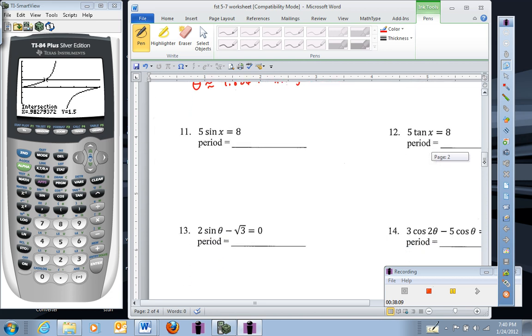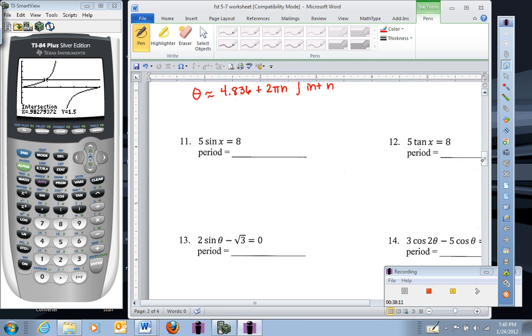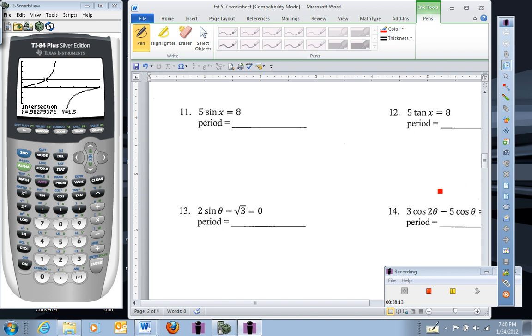Let's try number 11. We have 5 sine x is equal to 8. Let's think about what's going to happen with this for a minute. We're going to have the sine function with an amplitude of 5. So it's going to do something like this, isn't it? Where, let's see, it probably starts if it's maximum there.